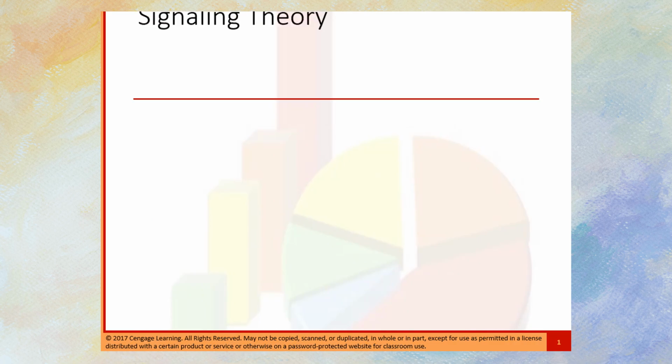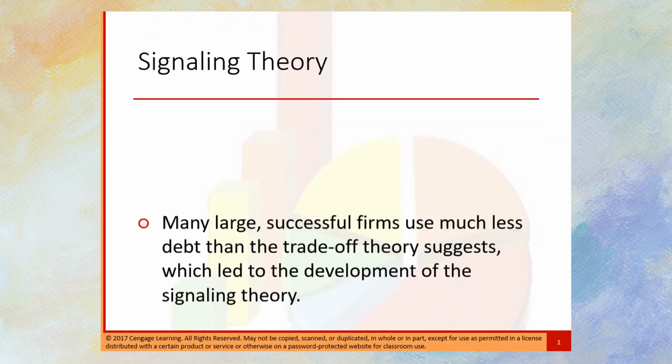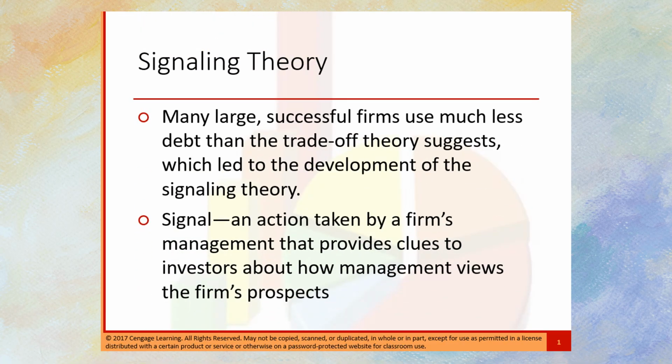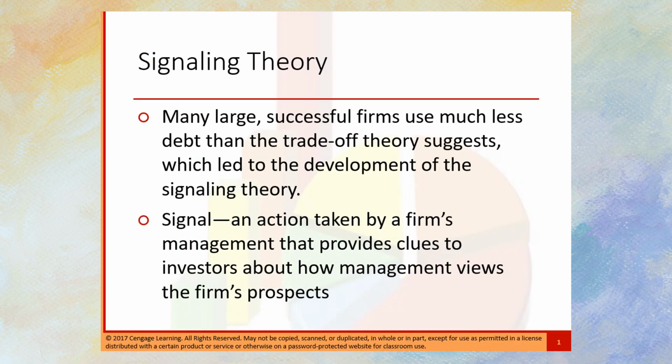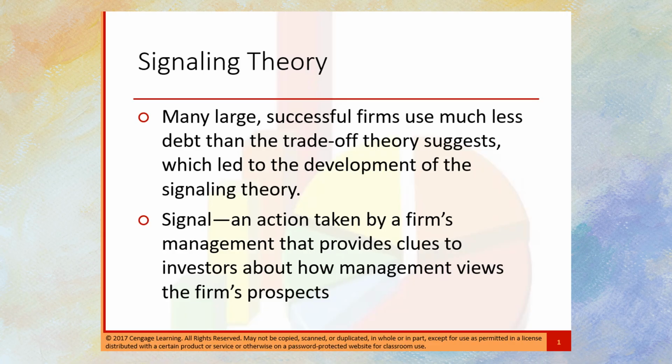Now let's talk about signaling theory, a concept that emerged in response to a puzzle. Why do so many successful companies use less debt than what the trade-off theory might predict? It turns out the answer lies in psychology and perception. When a firm takes on debt or avoids it, it's not just about the cost.